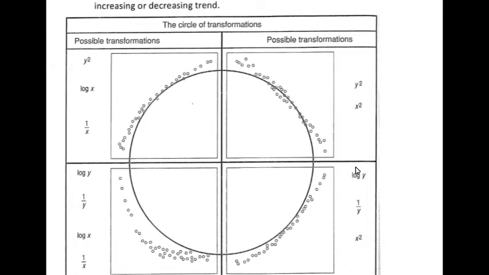So here's our nice little circle, and essentially once we make our scatter plot, we determine which one our scatter plot looks like. We've got 4 possibilities.